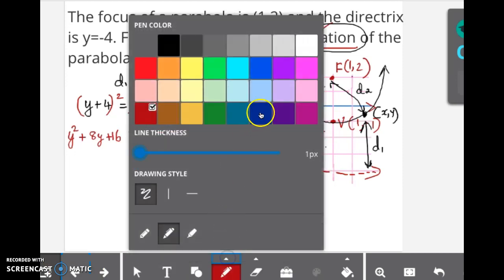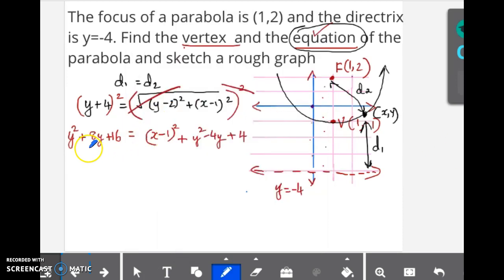So when we look at this, we see that on both sides of the equation, we have y square as a common term. Y square is here and y square is here. So cancel that. Now we know we need our equation in the form y equals a times x minus h the whole square plus k.